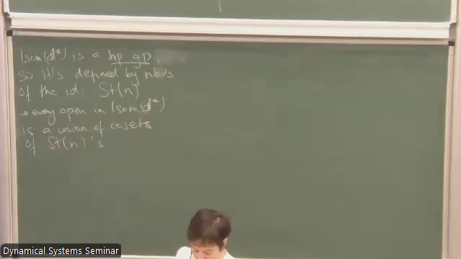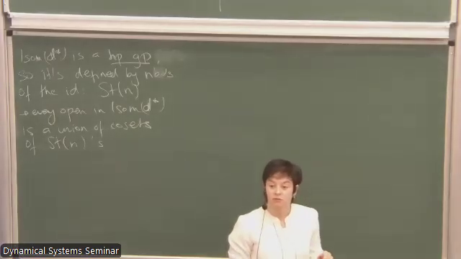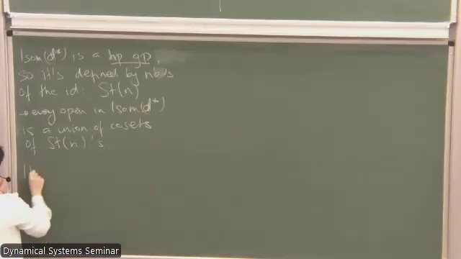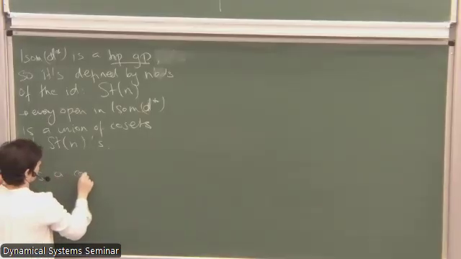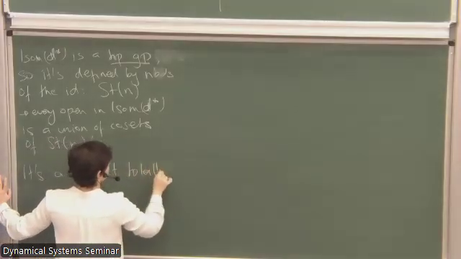Okay, do I want to say anything else? No, that's it. I think this is all I wanted to recall. Questions? No, one last comment. It's a compact, totally disconnected group.